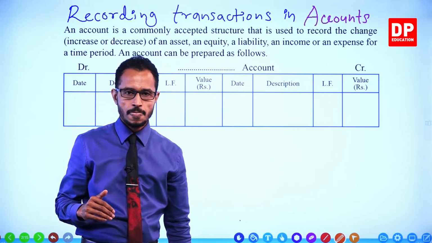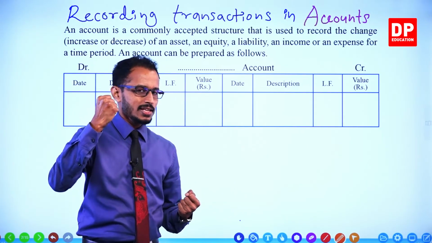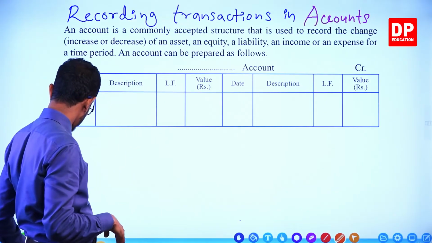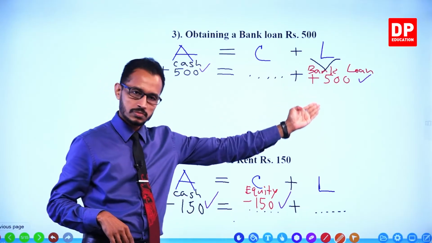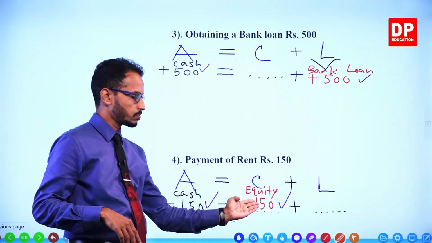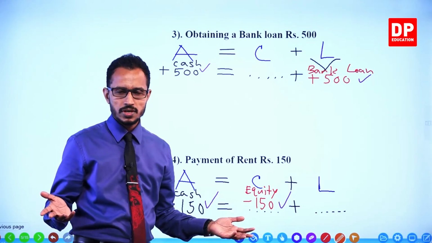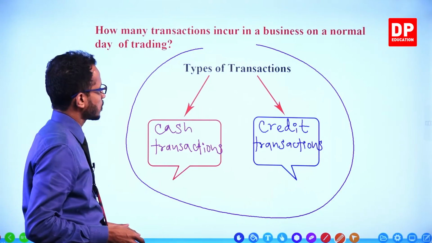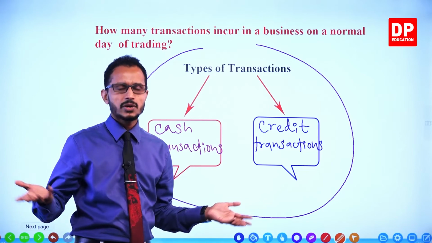Whatever the impact is, a double entry must be recorded. That we did. A double entry, 1, 2. So what are we going to do now? Recording the double entries.